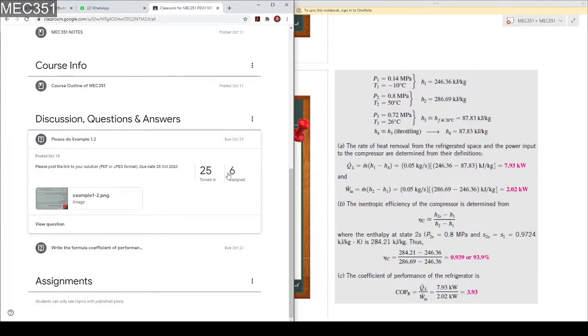For those 25 students who turned in their answers, there are benefits for you. If your marks are on the borderline, maybe between A and A minus, for the students who show effort in the class, I will try to help you.